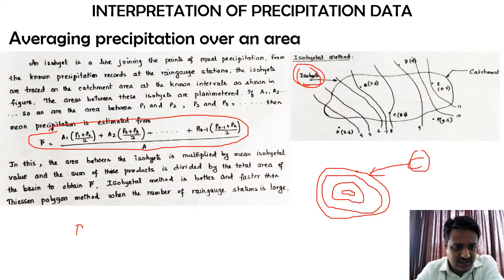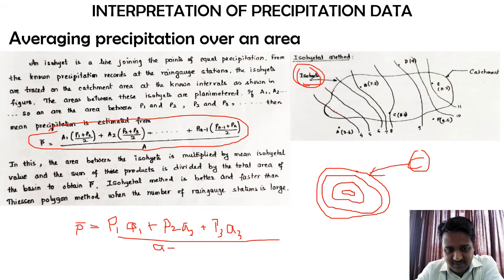So here this P bar, the mean precipitation, will always be equal to P1 into A1 plus P2 into A2 plus P3 into A3, divided by A1 plus A2 plus A3. Okay, what does this indicate?